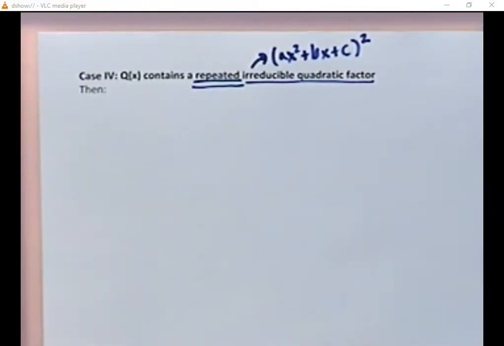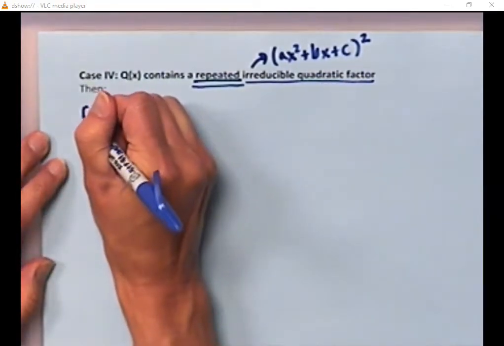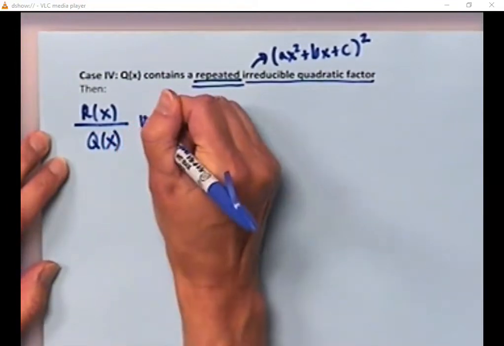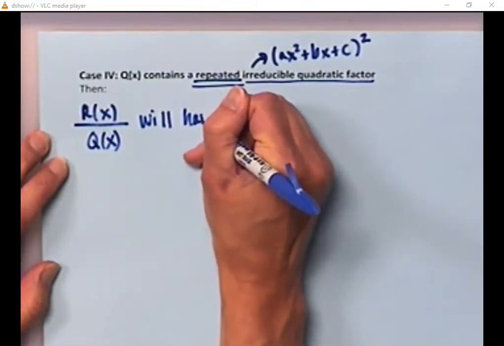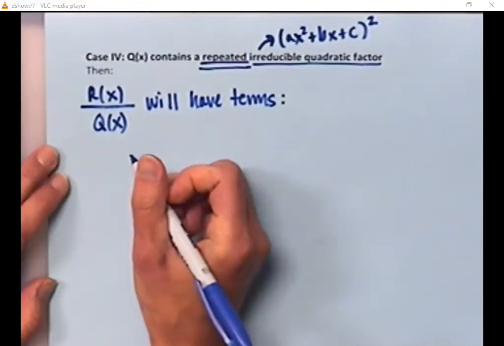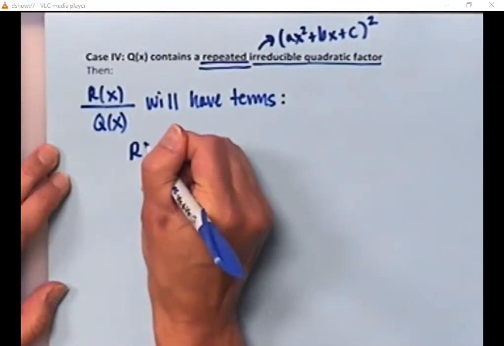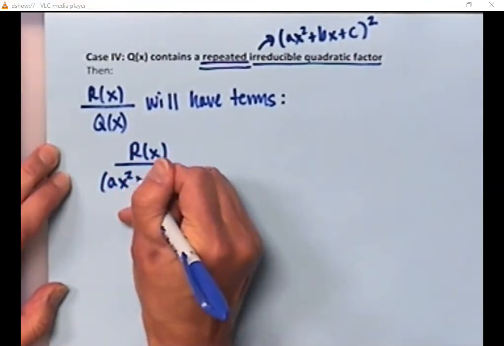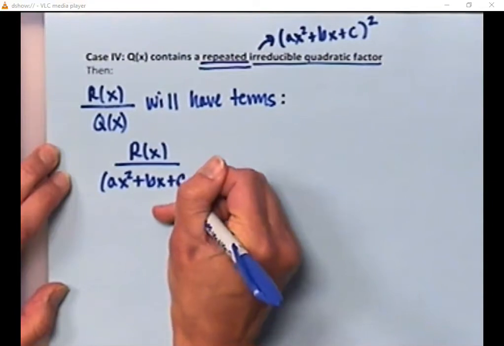Okay. So then our fraction, r of x over q of x, will have these terms. Let's say we have this r of x is over some quadratic factor to the rth power.